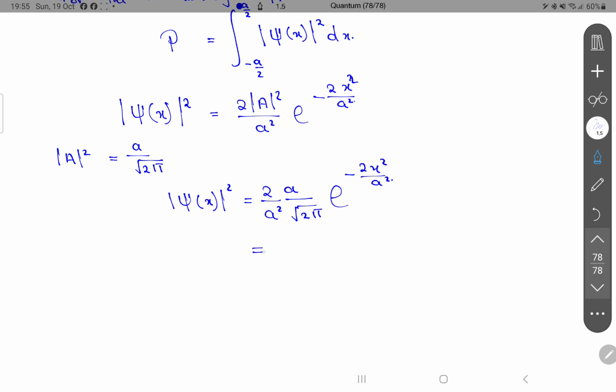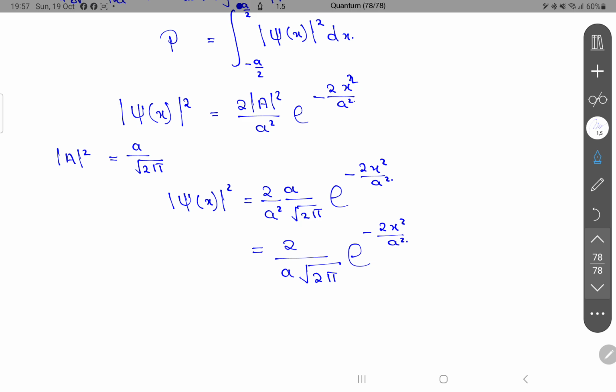That will crash down to 2 over a square root of 2 pi e to the power negative 2x squared over a squared.